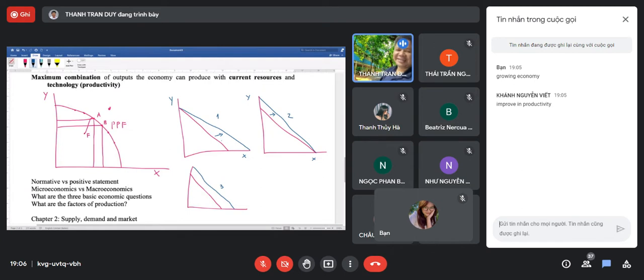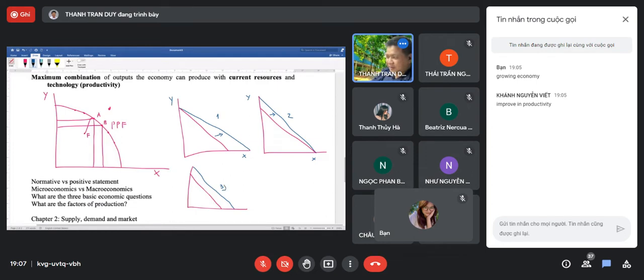If the exam question is like this, you cannot answer. Anyone know the reason? Yes, increase in the resource? No.